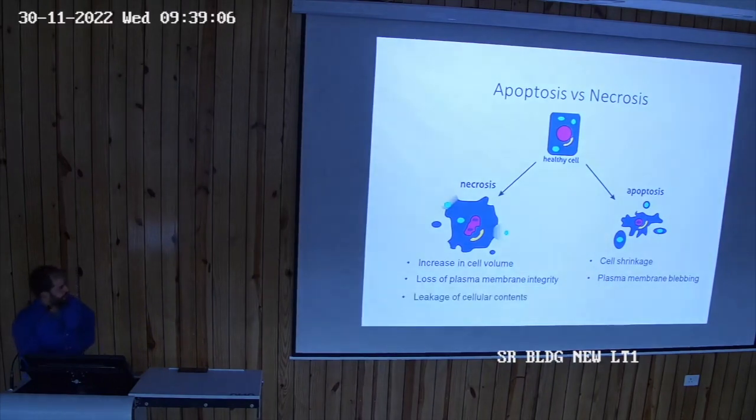So leakage of cellular contents in necrosis, but इसमें क्या है, formation of apoptotic bodies with the integrity of the membrane. It is called death by injury and it is called death by suicide, isn't it?